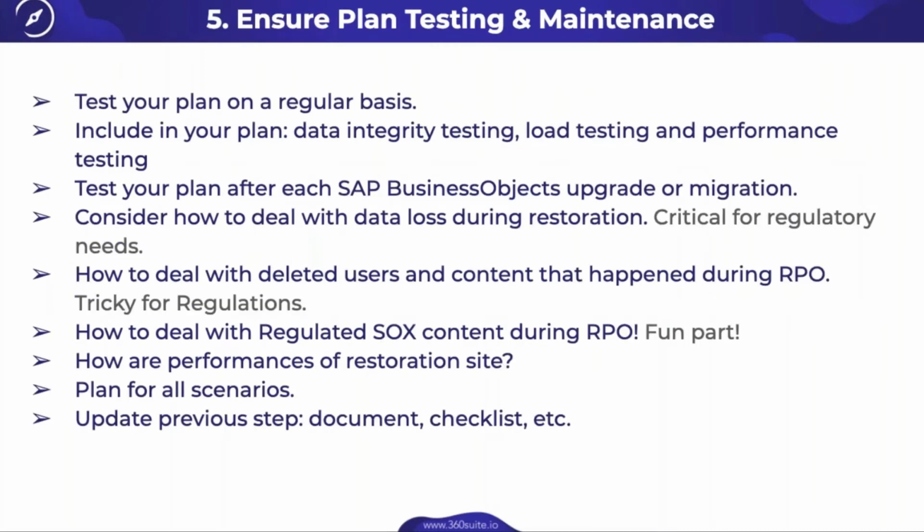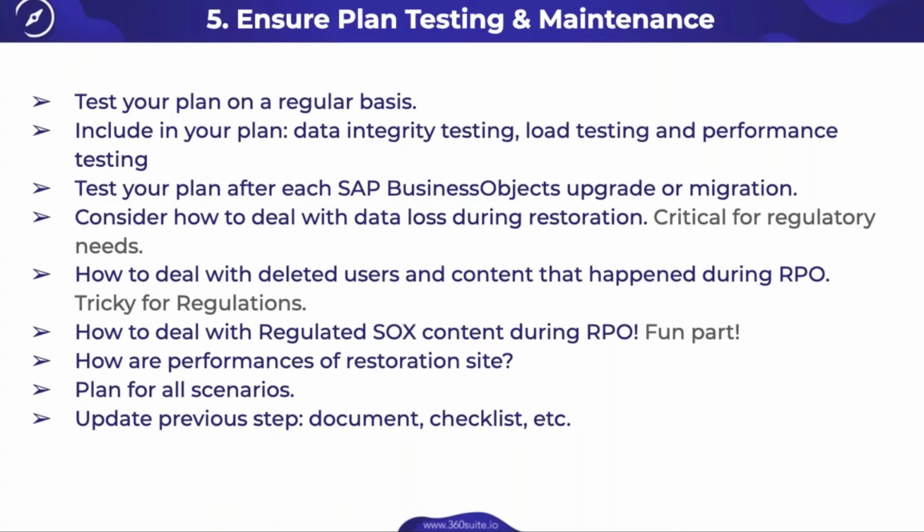Next, step number 5. Okay, you put in place a plan, you've documented everything. The next step is that you need to test and maintain that plan. On a regular basis, make sure that you test it. Make sure, again, that the performance is proper and that you're not losing information.